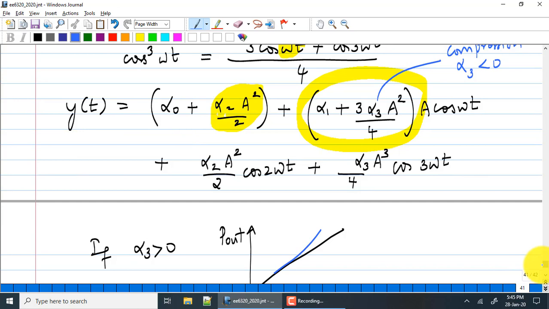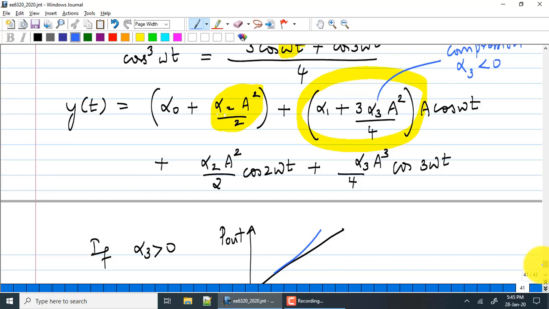Exactly. So what will happen? Fundamentally, the amplifier cannot swing larger than the power supply. So when you put in even larger A's such that the third order term is folding back and causing the fundamental to increase, eventually you will become so nonlinear that the fifth order term will come back, and so on.